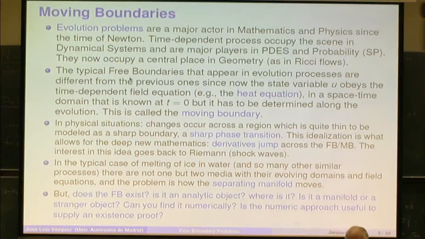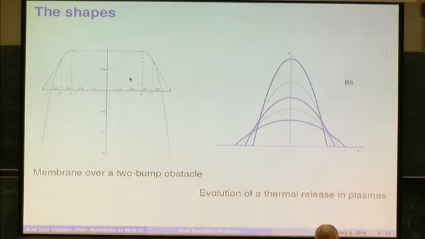Is the numerical approach useful to supply an existence proof? I will not insist on that because Professor Noceto has been doing that today. And these are typical things that you find on the internet about how a membrane sits over two bump obstacles. And this is an evolution of thermal release in plasmas modeled by the Barenblatt explosion solutions for porous medium.